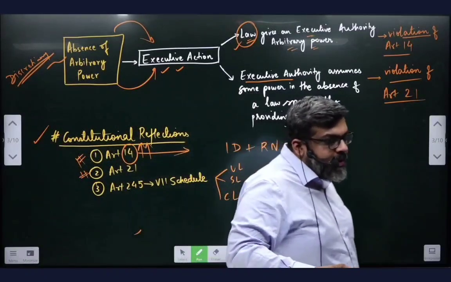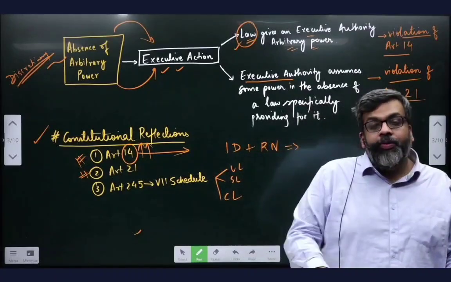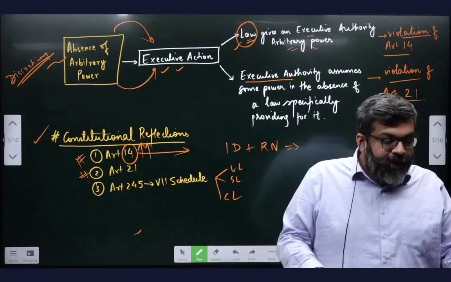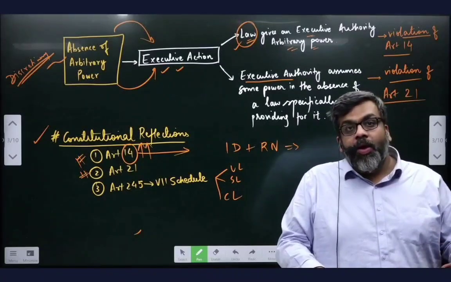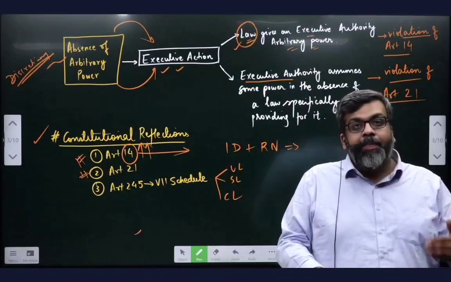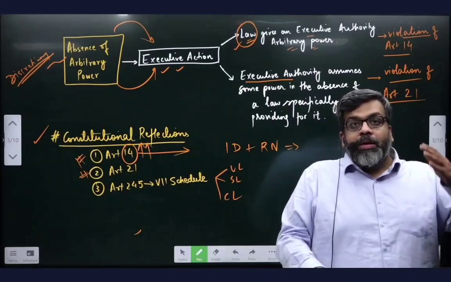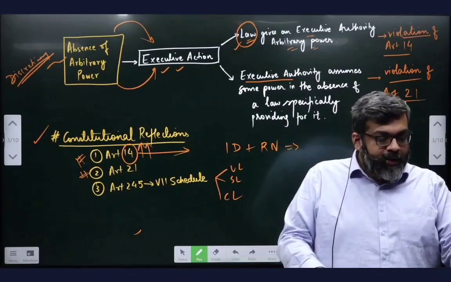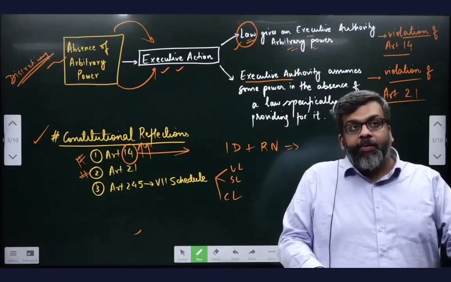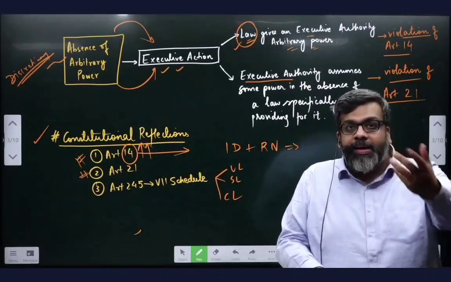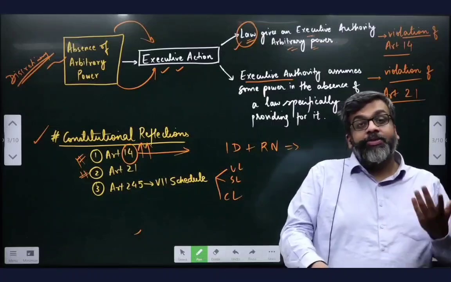A discretionary power means you have the right under the law to effectively do something on your own by applying your own mind. And therefore, discretionary power is effectively a power which you are using because the law, by directly or indirectly, tells you to do so.